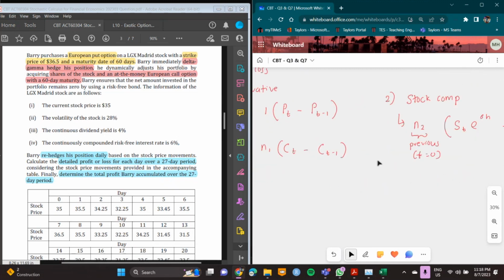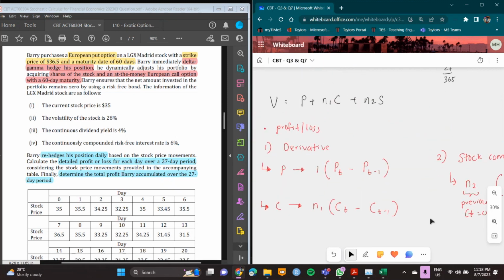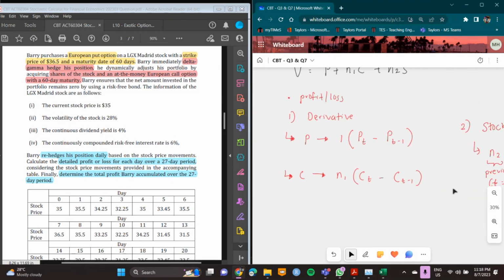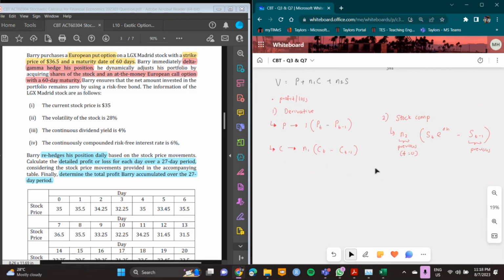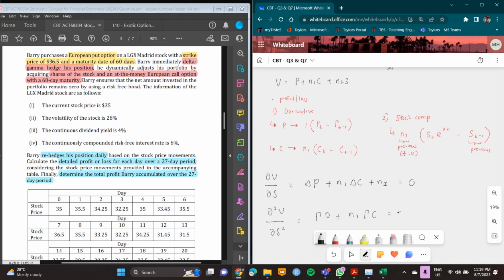Of course, in order to find N1 and N2, we have to use delta V over delta S, which equals delta put plus N1 delta call plus N2 equals 0. And then delta square V over delta S square equals gamma put plus N1 gamma call equals 0.